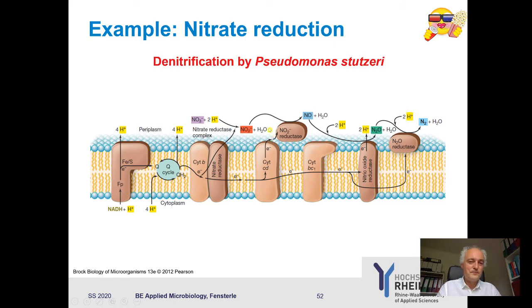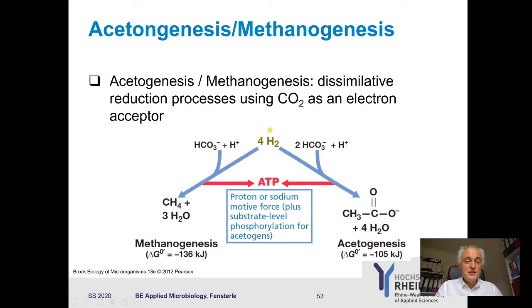So now, very important processes are acetogenesis and methanogenesis, and again, this is anaerobic respiration. The major part of methane which is produced in nature is produced using this process. On the left, we have hydrogen, which is produced by acetogens, and then we have carbon dioxide getting in, solubilized as the salt or the acid, and then we produce methane, and this is an electron transfer.